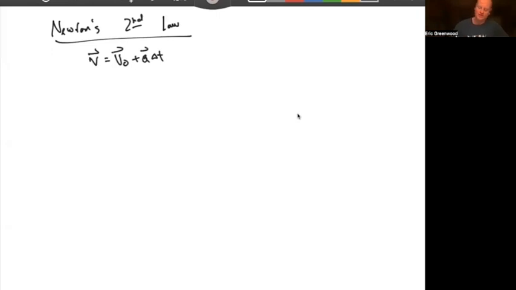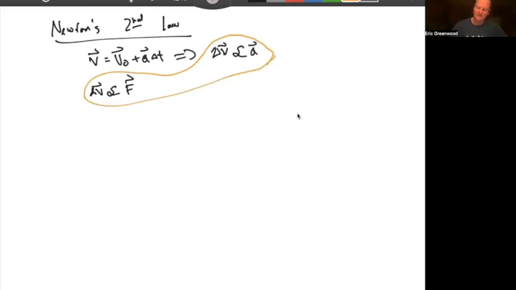And again, what Newton's law says is that a change in velocity implies that we have a force, but simultaneously, a change in velocity means that I have to have an acceleration. So basically, using these two things simultaneously, the force must be directly proportional to the acceleration.